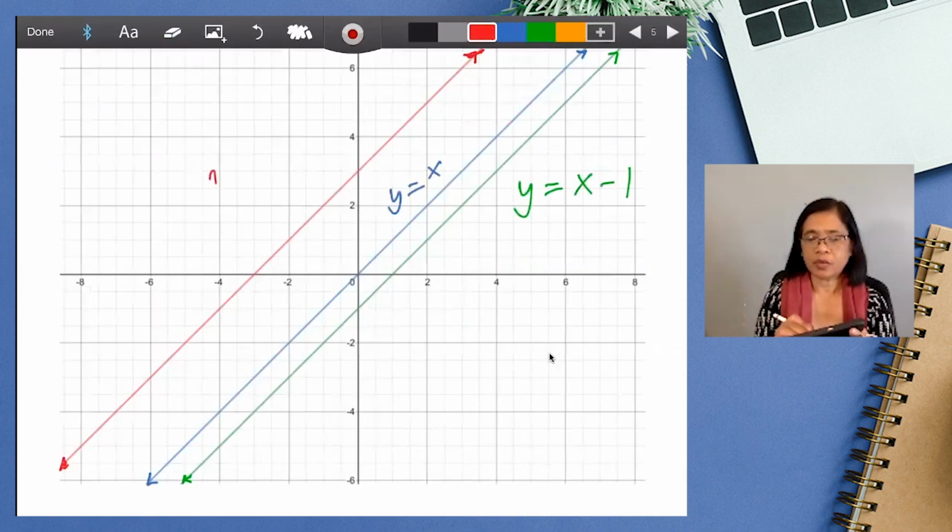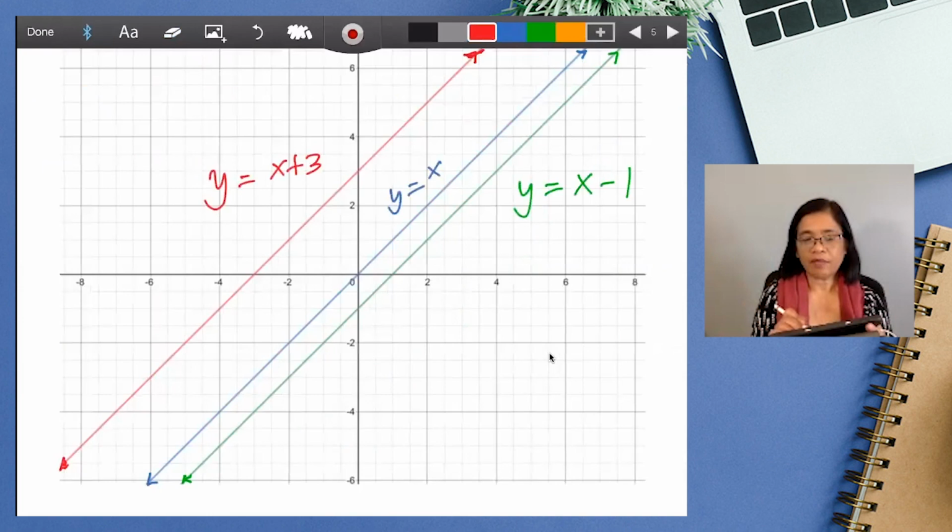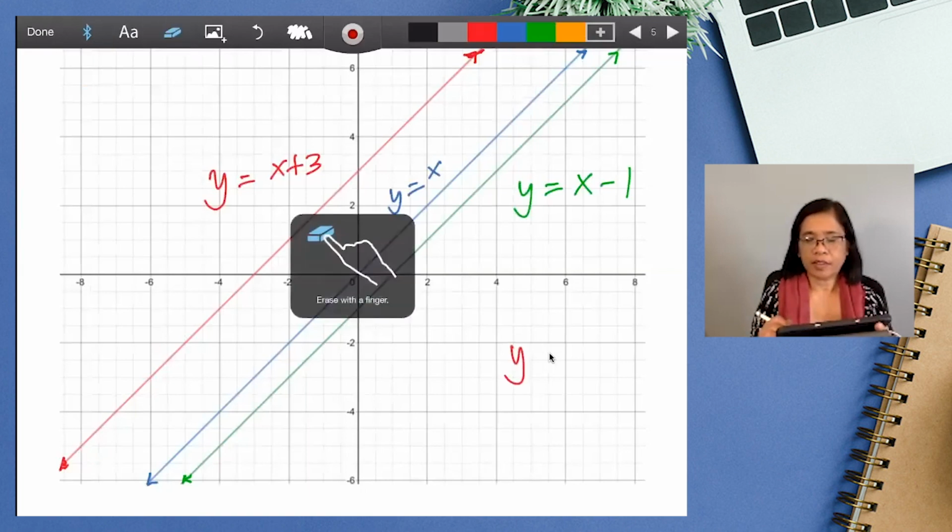And the red line is y is equal to x plus 3. So this is the beauty when you put all this on one coordinate plane so you can see the movement of the parent function.